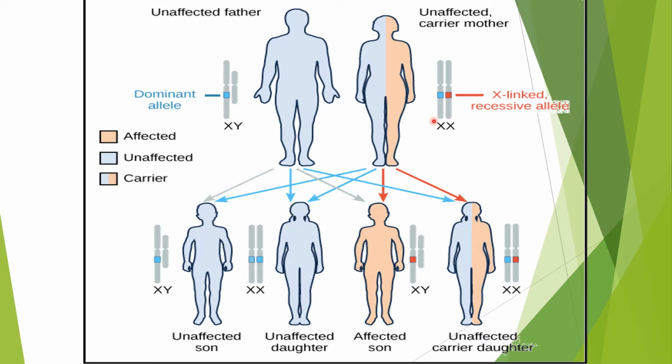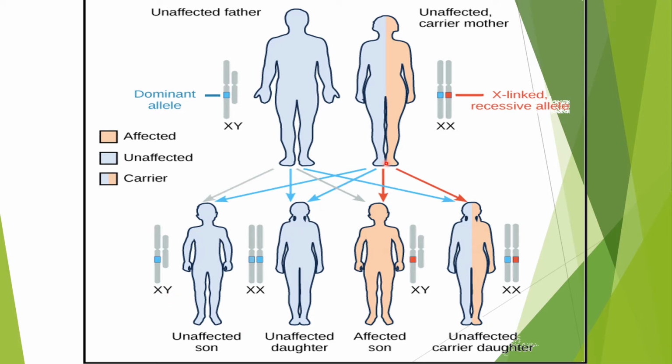Now, when this normal X chromosome in the female combines with the Y chromosome of the male, it will result in unaffected son. That means he is a normal son. He is not carrying the recessive gene.